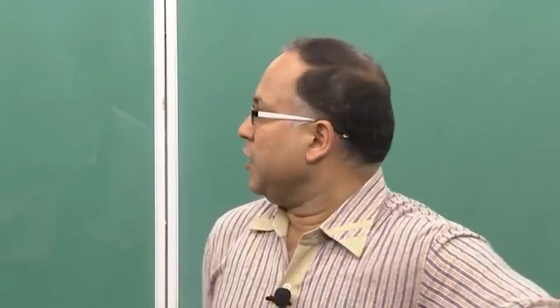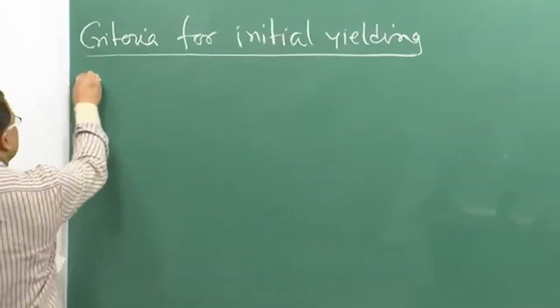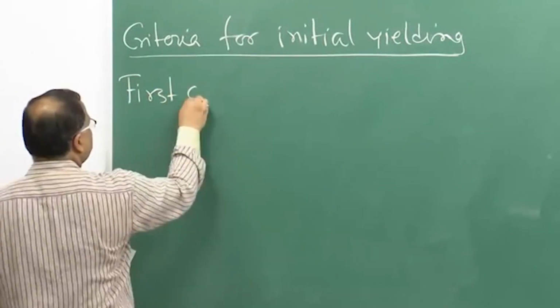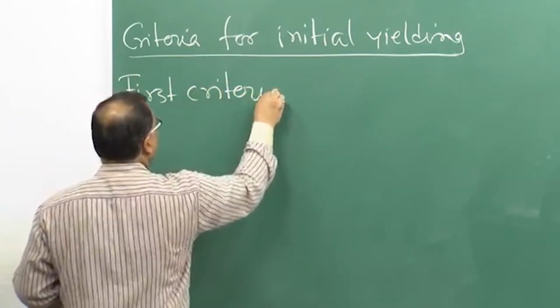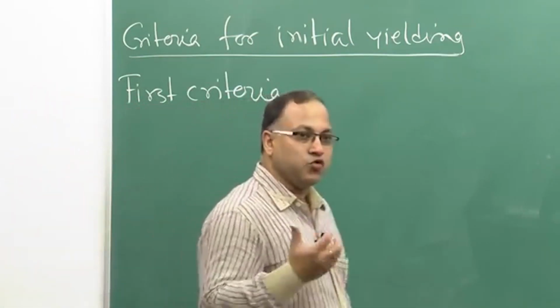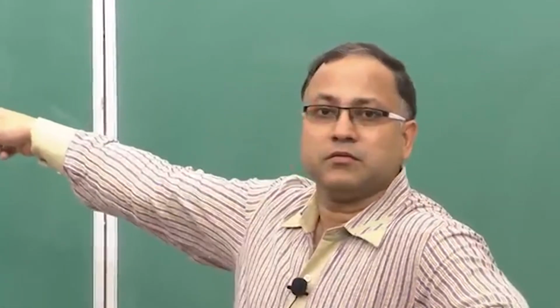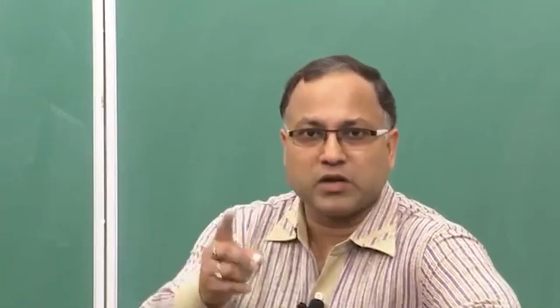What I mean to say is that it is a combination of stresses which will govern the initiation of yielding. So, the first criteria says, what does it say? Because we are now defining some rules, and it is not required that all materials will follow this criteria. So, we will be defining 2 criteria basically.